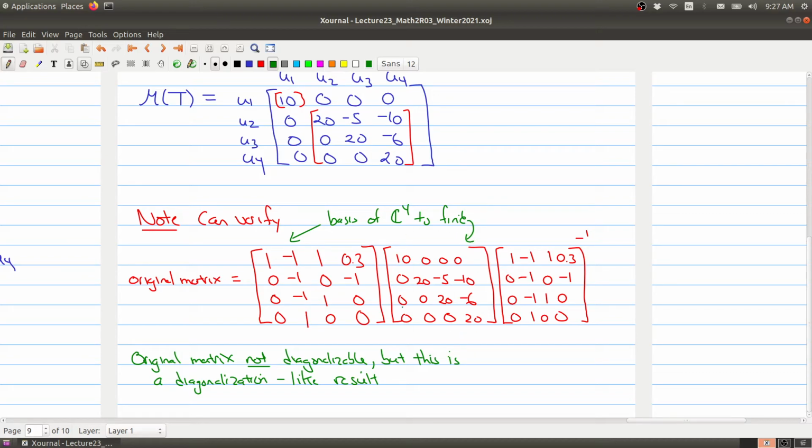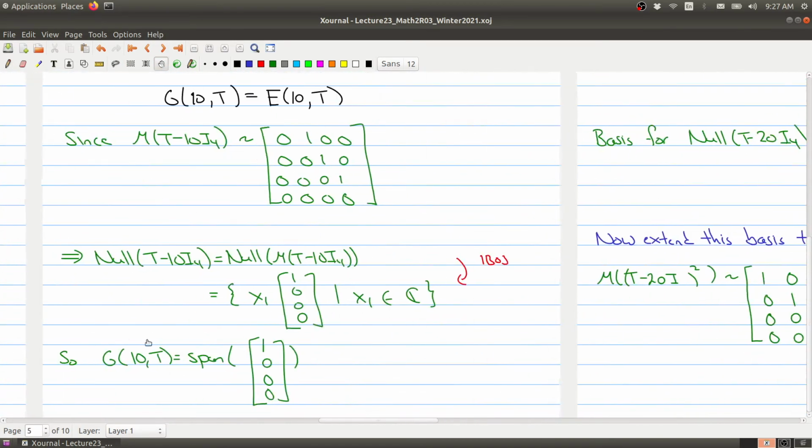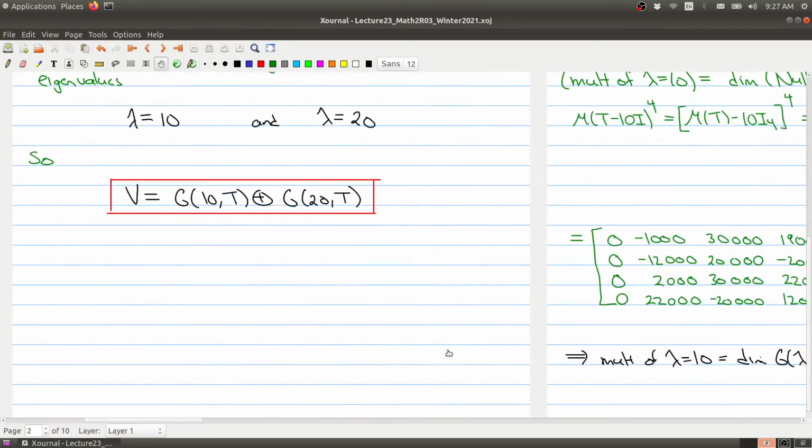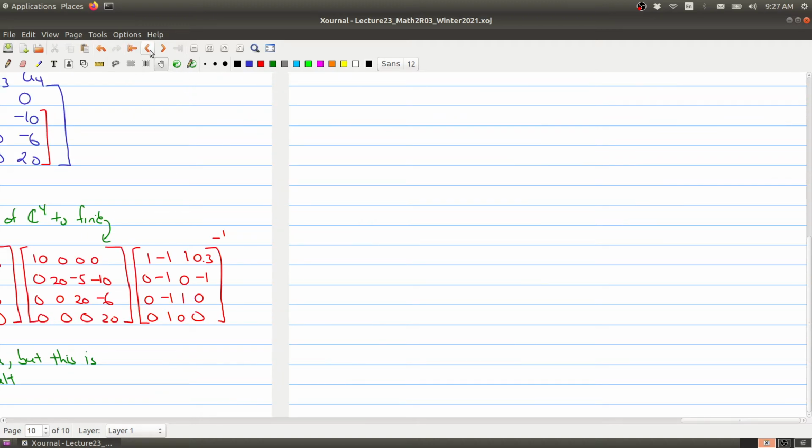So this is the block diagonal matrix, and this is the basis of C4 that we used to find it. This is the inverse of that matrix. And when you crank it out, I suggest you use a computer program, you're going to actually get back the original matrix way back at the beginning, the original matrix that we started with. Okay, so that's what will happen if you do that.